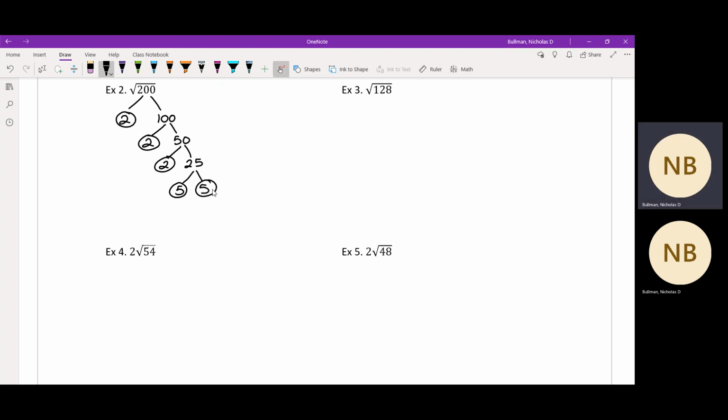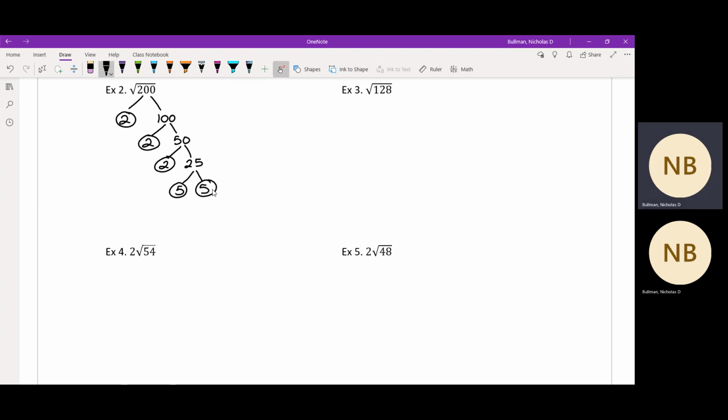Each time, if there are two numbers besides 1 and itself that will multiply to get that number, I want to split it up. And as soon as I get a prime number, I'm going to circle it, knowing that once all the numbers I have split off are circled, then my factor tree is done. And I'm only focusing on those prime numbers when I go to put it all together.